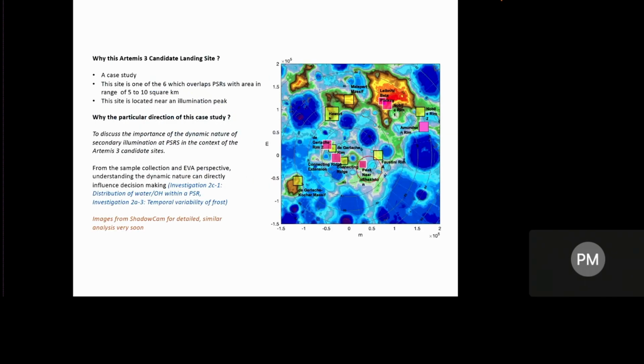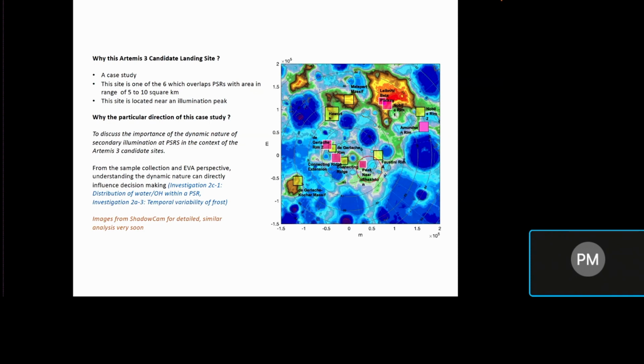Okay, so this particular presentation is concerned specifically with the peak near Shackleton site, but this is just a case study. The main focus of this talk is the secondary illumination itself and why its dynamic behavior is of concern and importance. This site is also one of the 6 in this 13 named, which overlaps a PSR with an area in the range of 5 to 10 square kilometers.